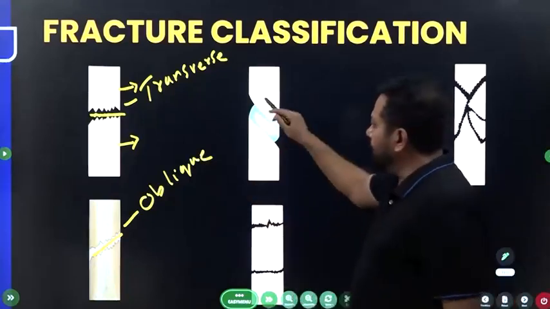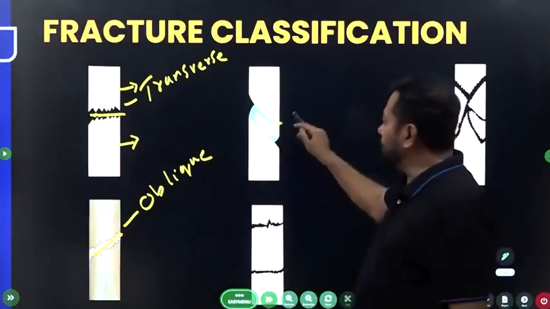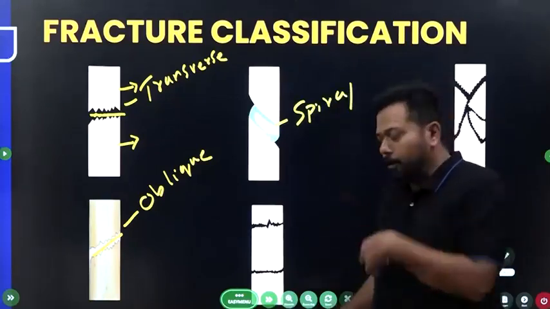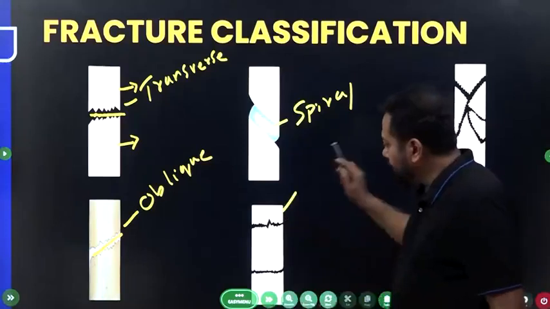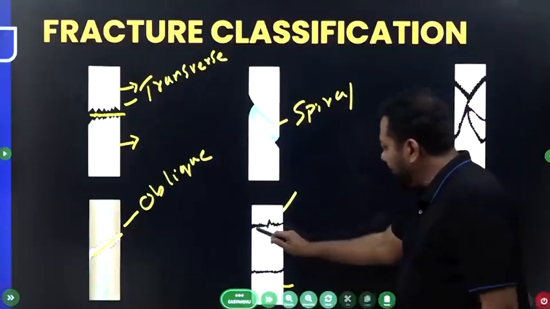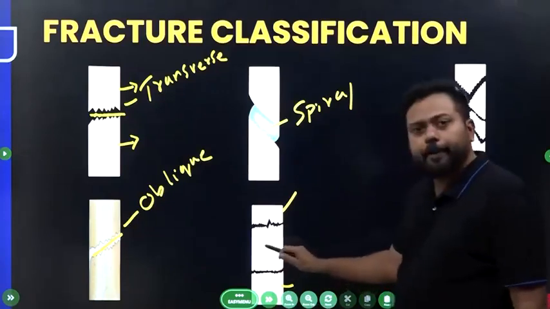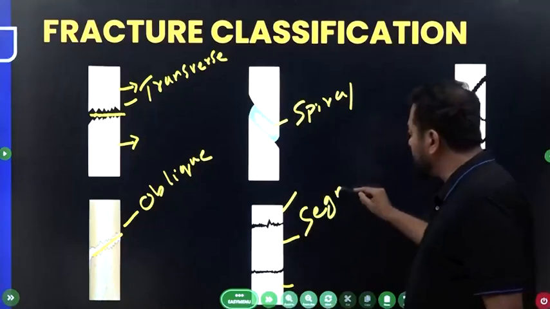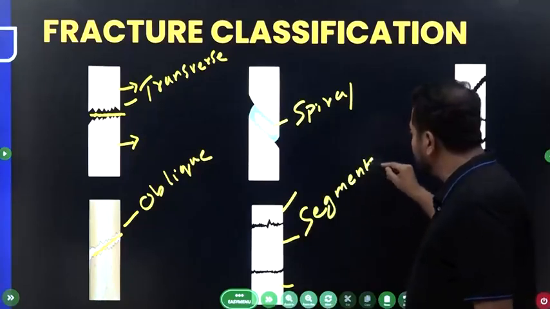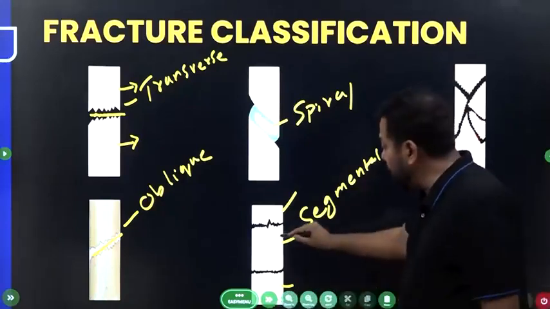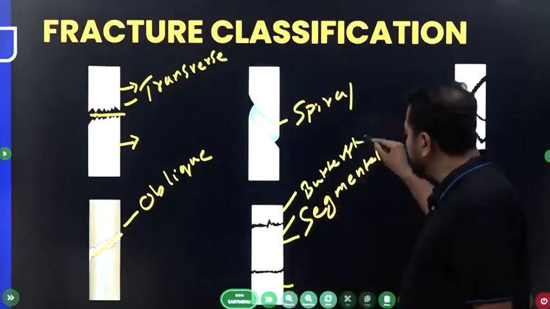Look at the third type. It is in a spiral form. So this is called spiral. Look at the fourth type. The proximal fragment is there, the distal fragment is there, and in between, a separate piece of bone. This is called segmental. In radiology, they will call this a butterfly fragment.